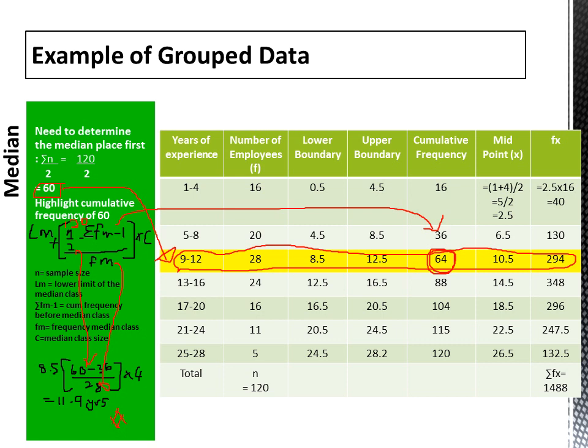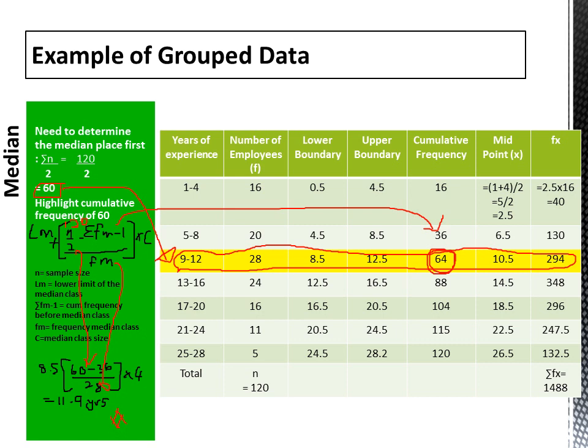And then divide by FM. FM is the frequency of the median class, which is 28. Then times C. C is the median class size.